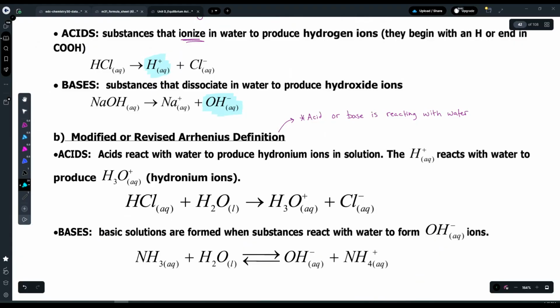So this is going to be one of the definitions that we focus on, modified Arrhenius.